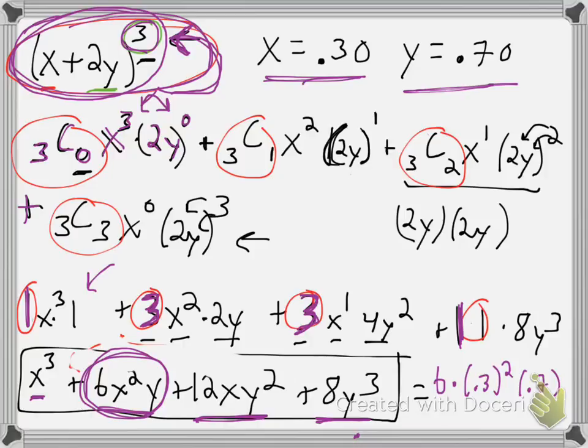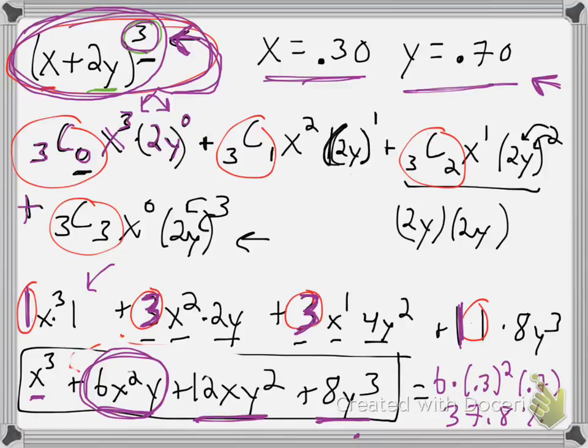And when I do that, 0.3 squared times 0.7 times 6 gives me a probability of about 37.8%. So there's a 37.8% chance that I'll have a result that has exactly 2 x's in it, given these probabilities up here. And so that's how we'll use it. And the last example I do will better show that.